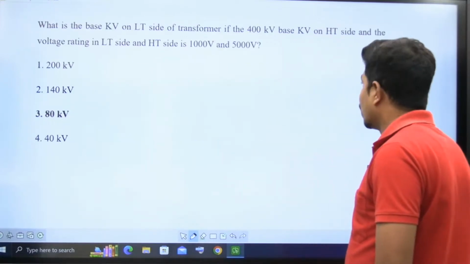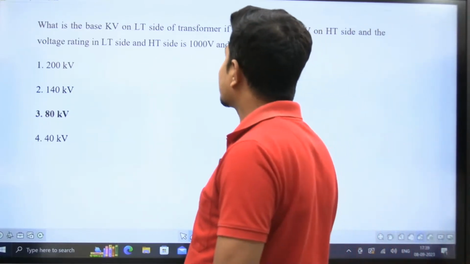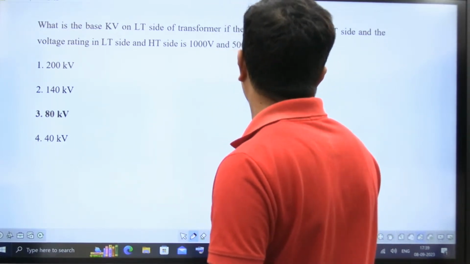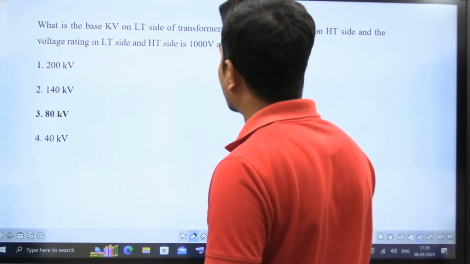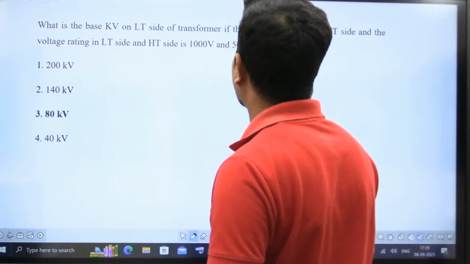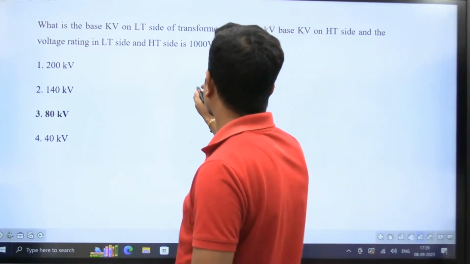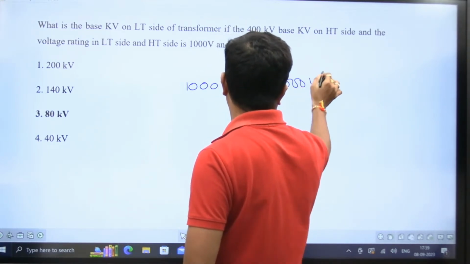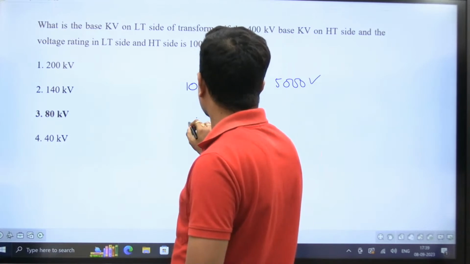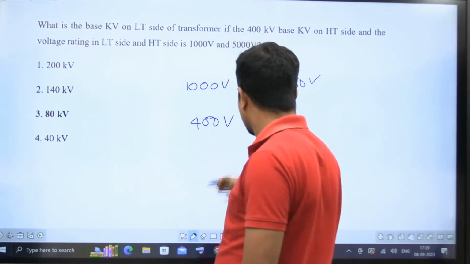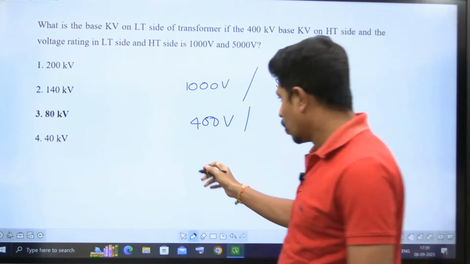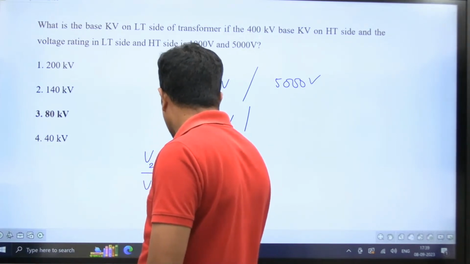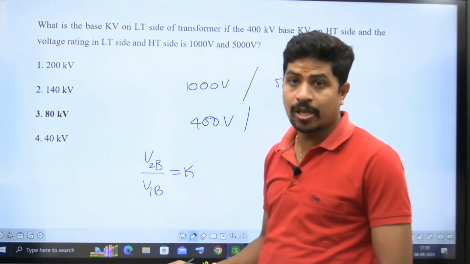Next question. What is the base kV on the LT side, low tension side, of the transformer, if the base is 400 kV on the HT side of the transformer, and the voltage rating on the LT side and HT side is 1000 and 5000? See, the rating of the transformer is 1000, 5000. This is the primary side, this is the secondary side. On the LT side, suppose he is taking 400 as the base, then how much does he have to take on the HT side? The relationship is V2 base by V1 base must be equal to K, where K is the transformation ratio.